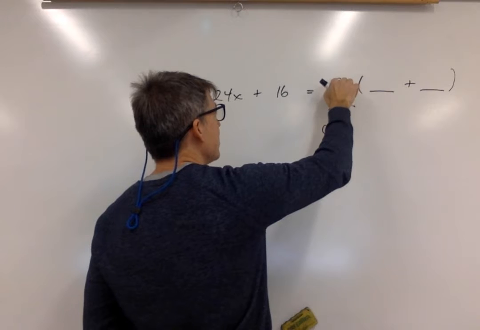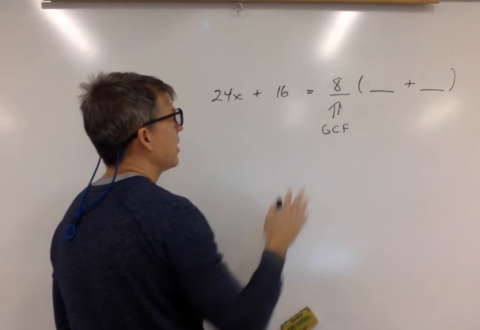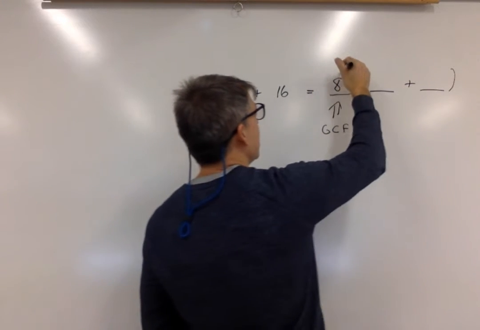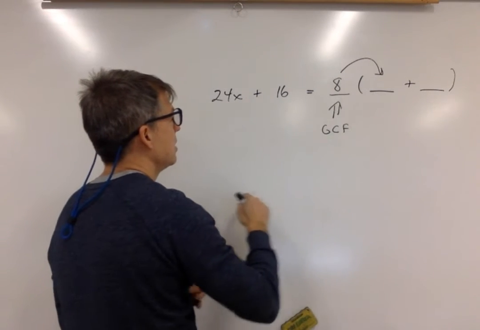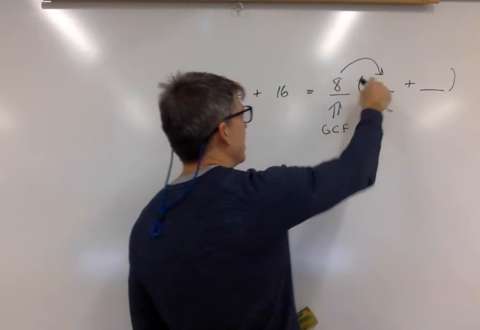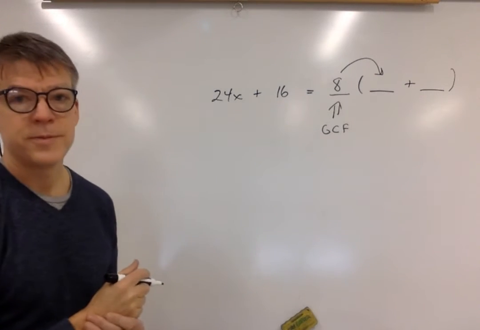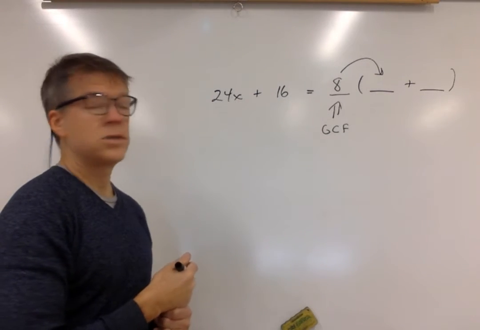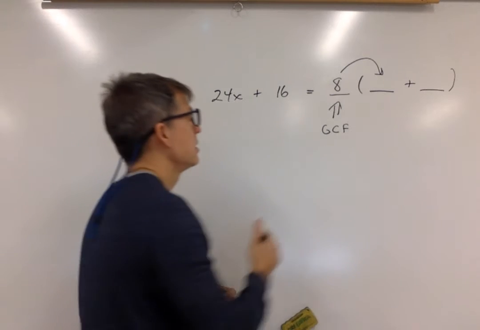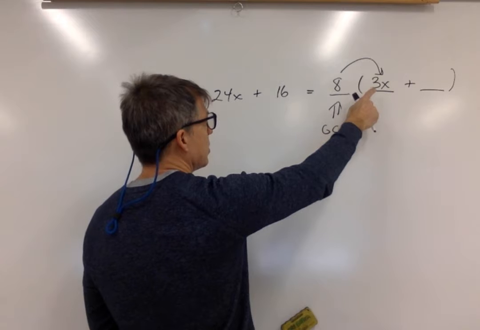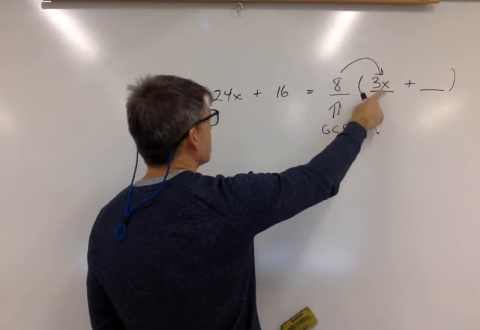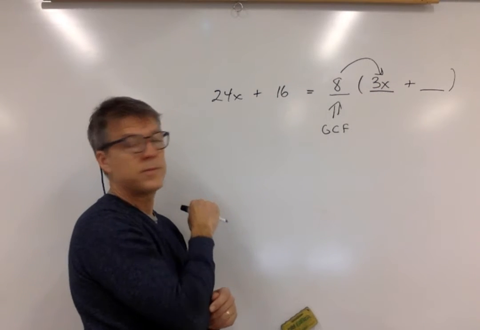And then you just have to think, okay, I've got 8 grocery bags, and I know when I multiply by this, I get 24x. What does this have to be then? The answer is 3x. And just check it out if you don't see it. 8 times 3, isn't that 24? So 8 times 3x would be 24x.